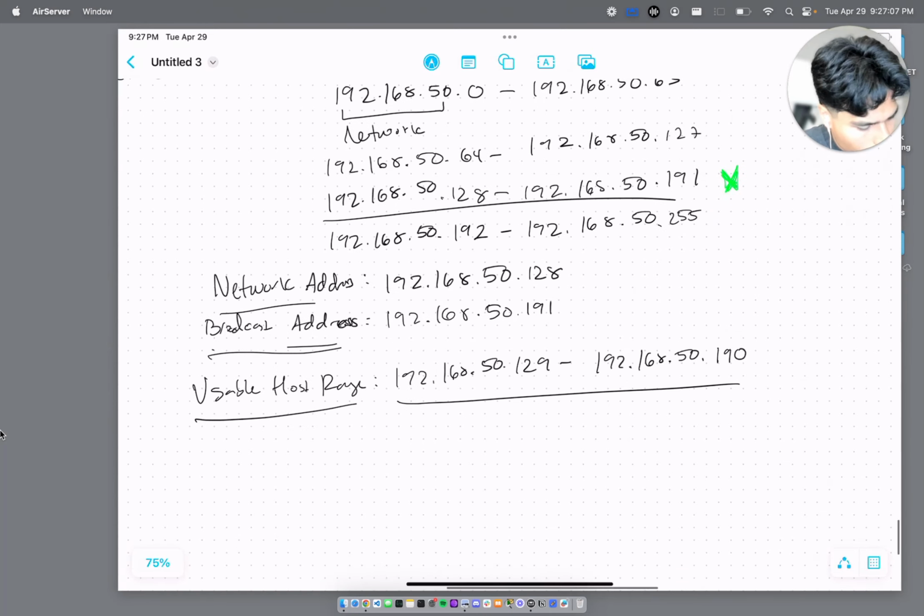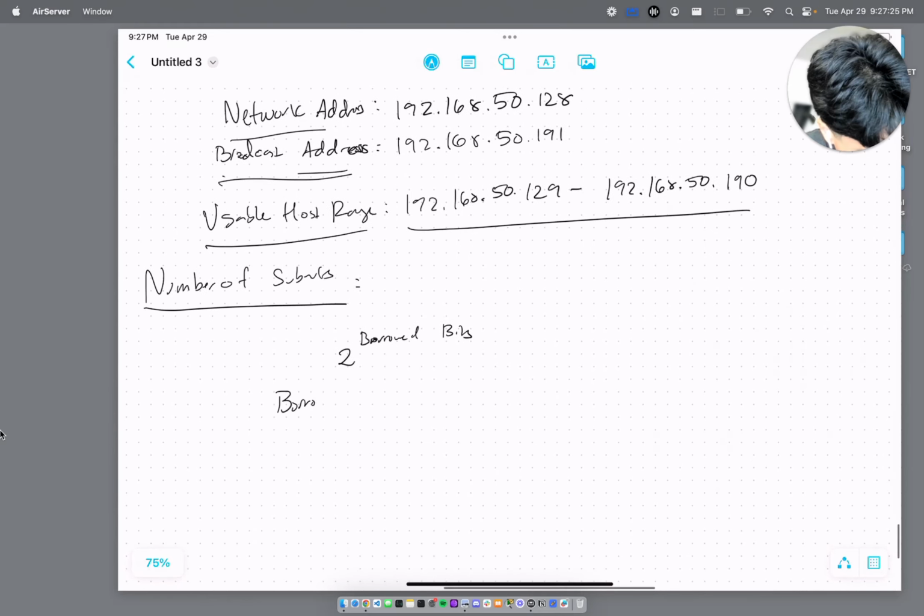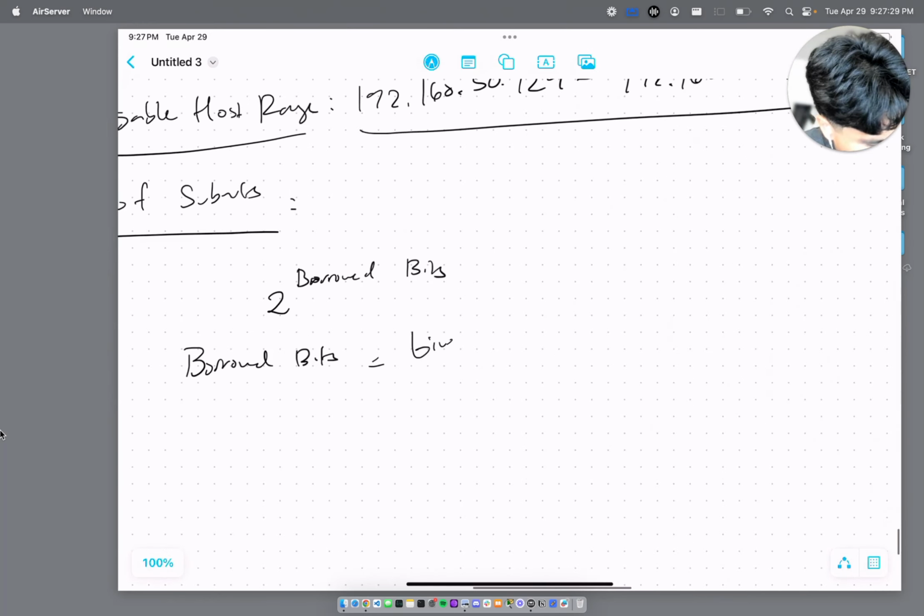All right, so that's the usable host range, and now what? The number of subnets, right? Remember our equation: 2 to the power of borrowed bits, where borrowed bits is given mask minus class default mask.